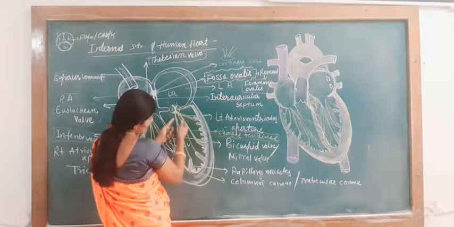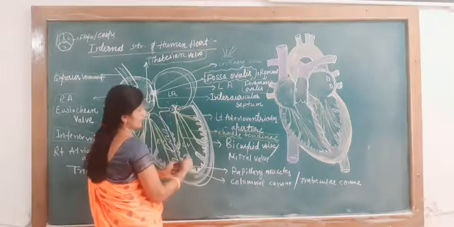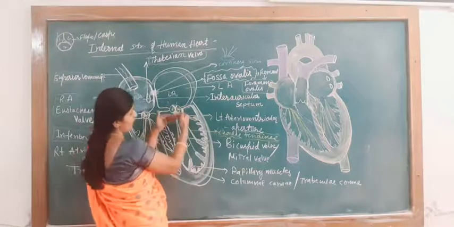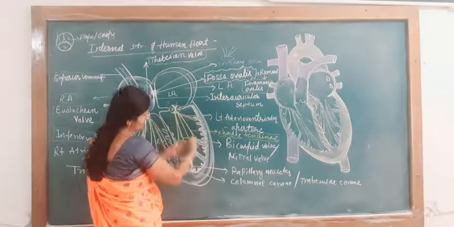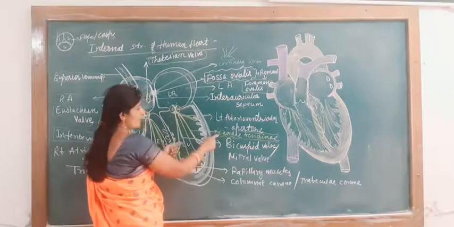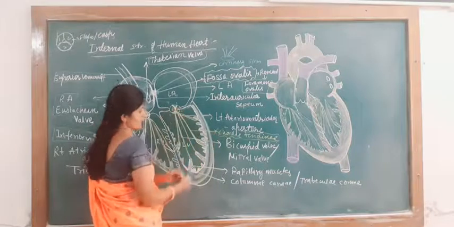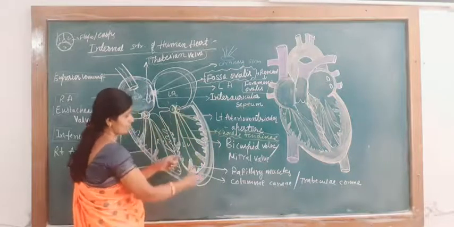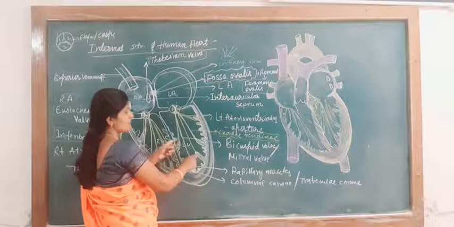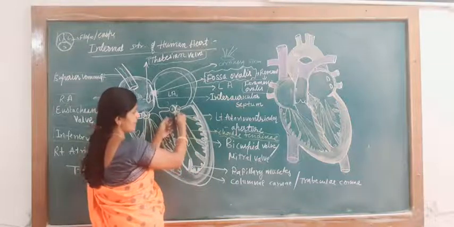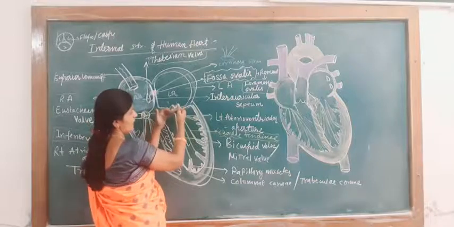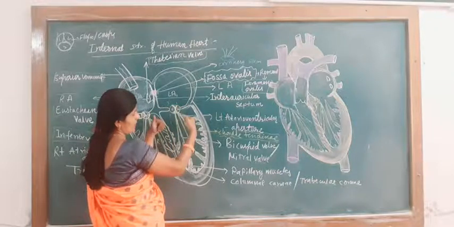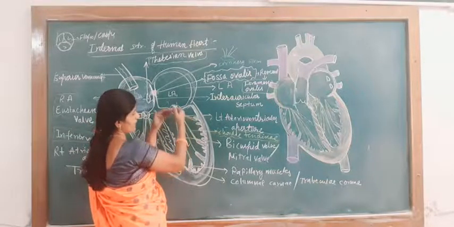Why? Because the flaps are pulled by these fibers, the chordae tendineae. When the papillary muscles contract, the chordae tendineae are stretched, and the flaps open in this way. Again they relax and get closed.